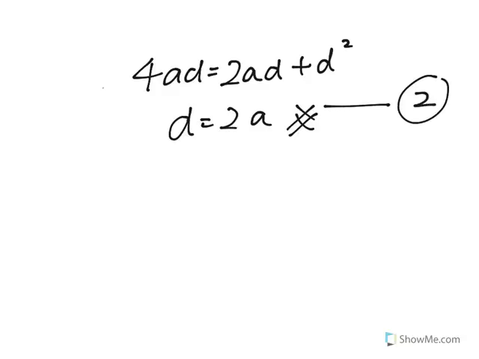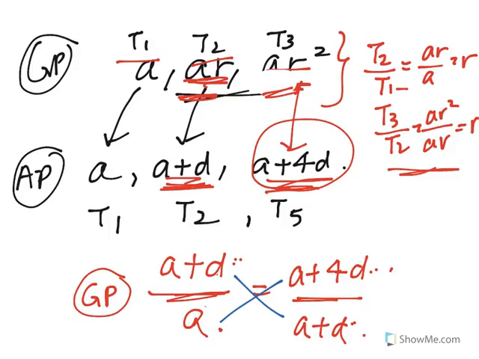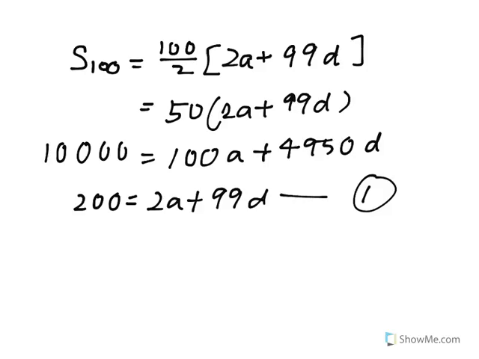This is what the whole question is trying to tell you: you link the AP knowledge to the GP knowledge, where any two terms give a common ratio.